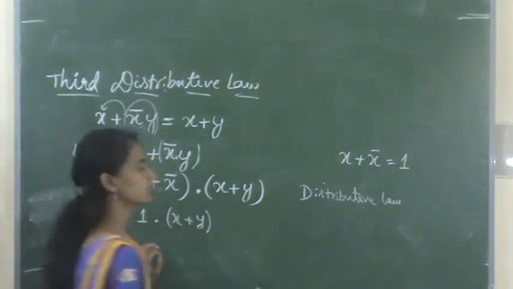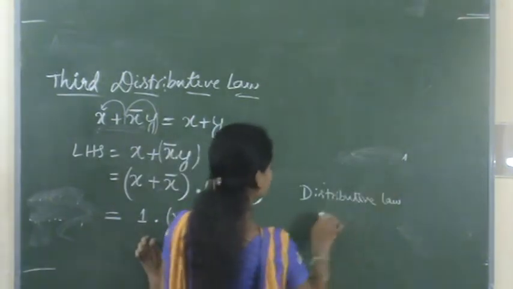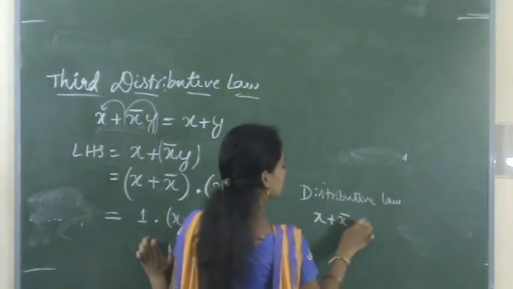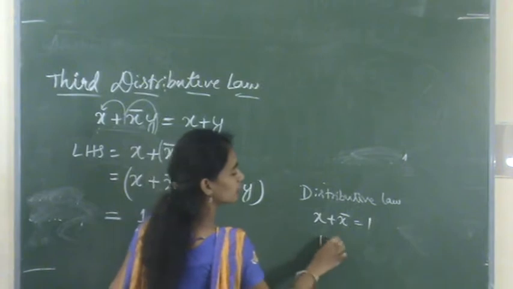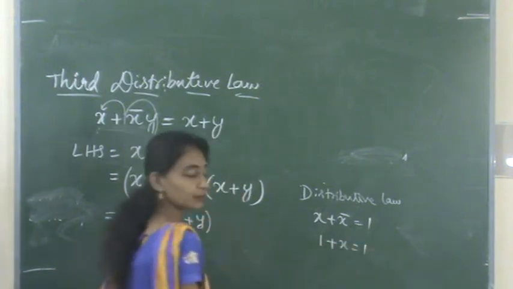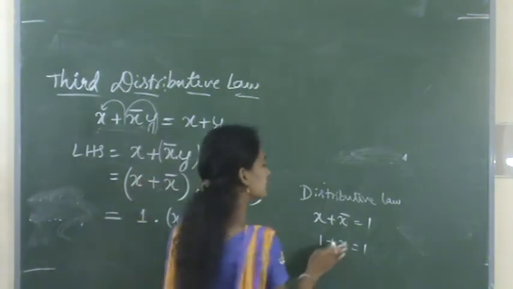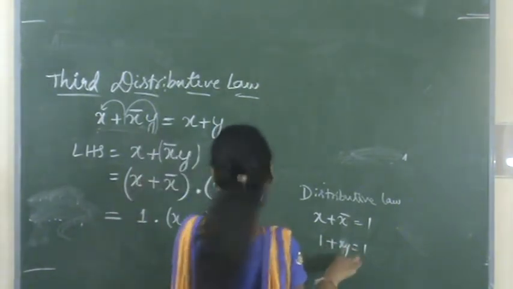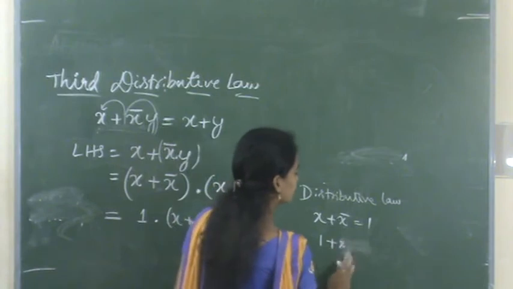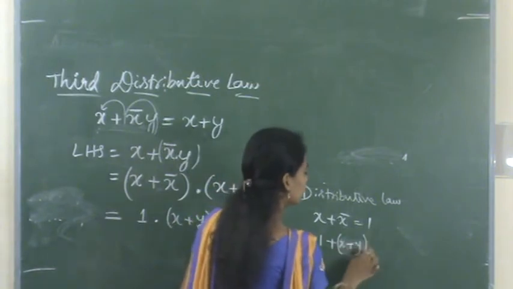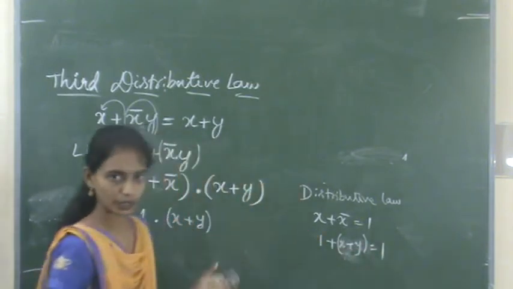So as we know the property of 1, that is 1 plus x is equal to 1. So here instead of x we have x plus y. That is also equal to 1 only, right?